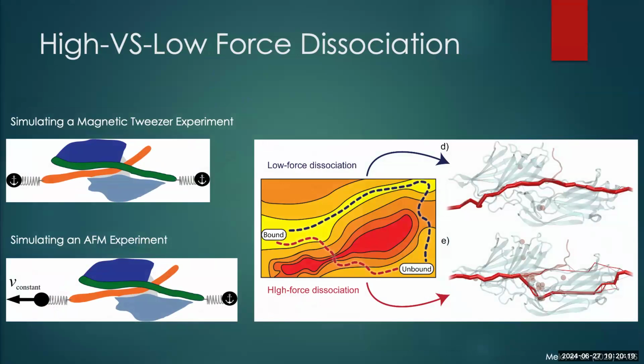One thing we can do is measure how this force propagates over the complex. And when we run the simulations, we can definitely run simulations under constant low force, replicating a magnetic tweezer experiment. And we can run simulations with a very strong increasing force, replicating an atomic force microscopy experiment. So we can run simulations creating these two kinds of contexts for the protein.